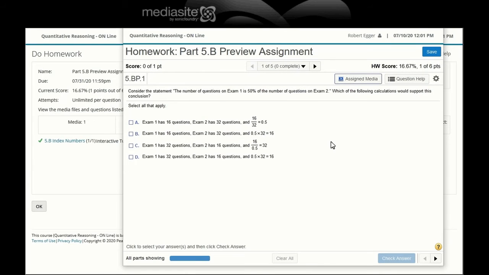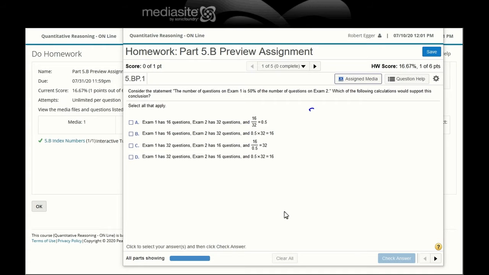Question 1, all parts showing. Very good. Consider the statement: the number of questions on exam 1 is 50% of the number of questions on exam 2. Which calculation would support this conclusion?